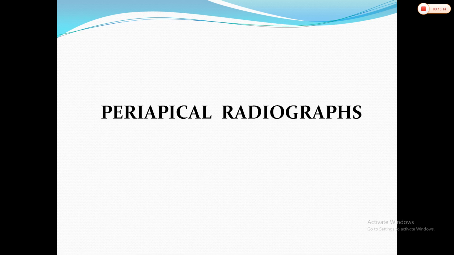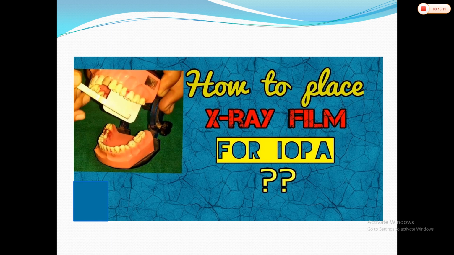Next one is about periapical radiographs, the commonly used X-ray in dentistry. This film, this is the IOPA. This film is placed on the palatal or lingual surface of teeth with the embossed dot towards the lingual surface.